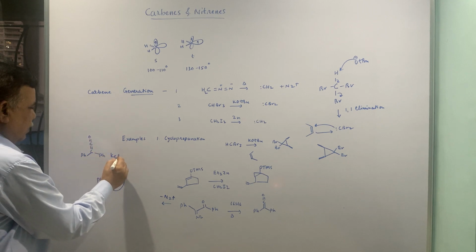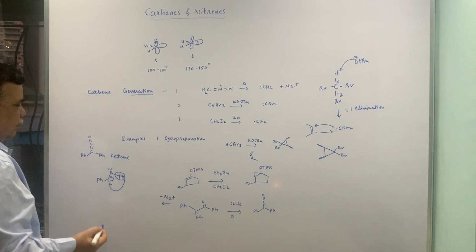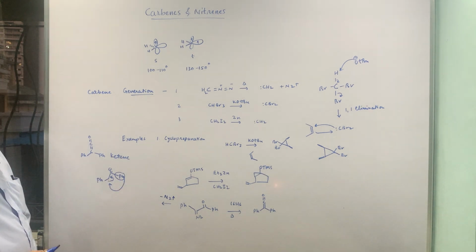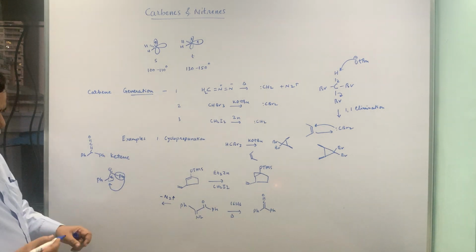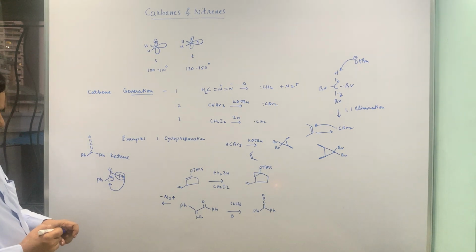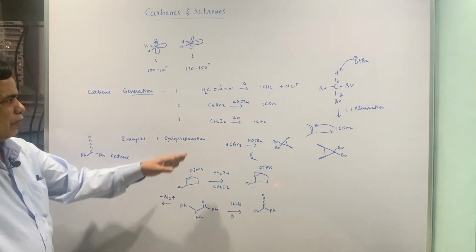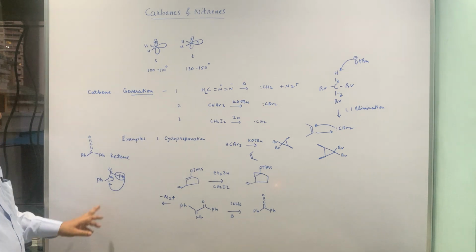So you get ketene because of this. So nitrogen, you can write down those things if you want, in expanded form of that N2, and it is more or less the same as the first one.